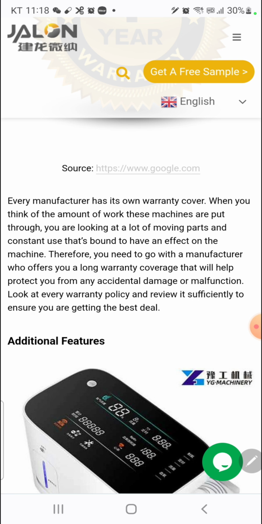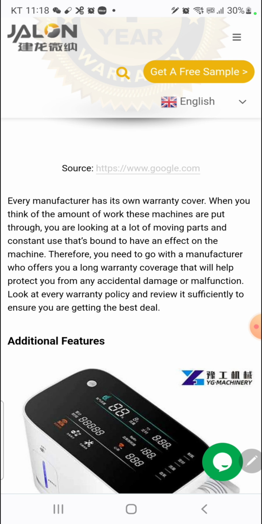Warranty coverage. When you think of the amount of work these machines are put through, you are looking at a lot of moving parts and constant use that's bound to have an effect on the machine. Or stress, or load on the machine.